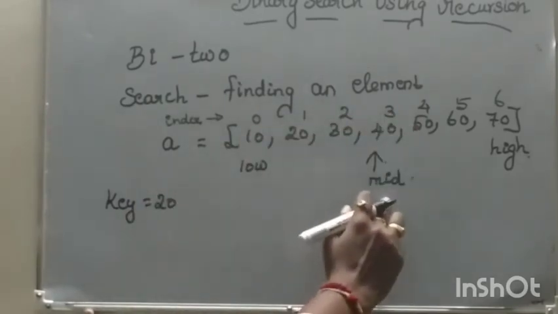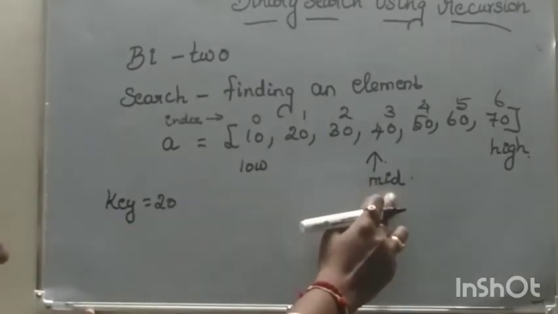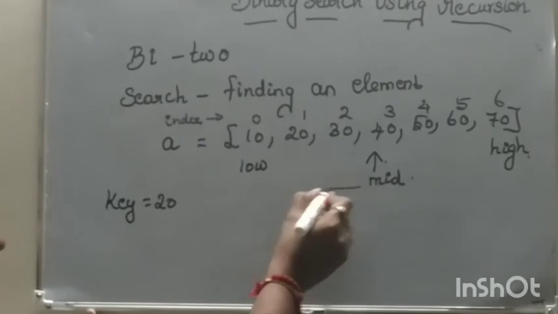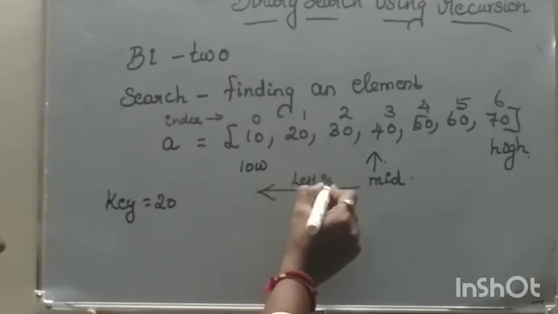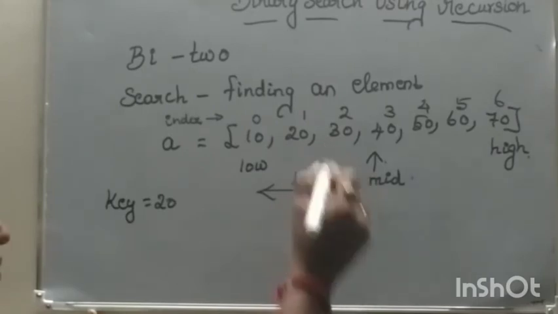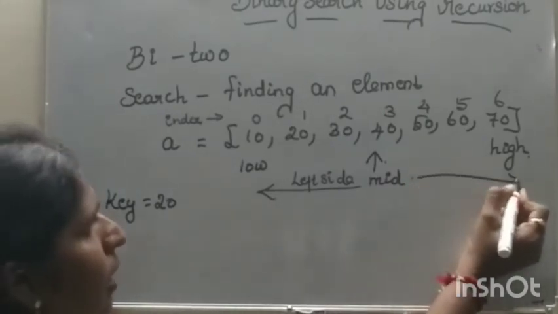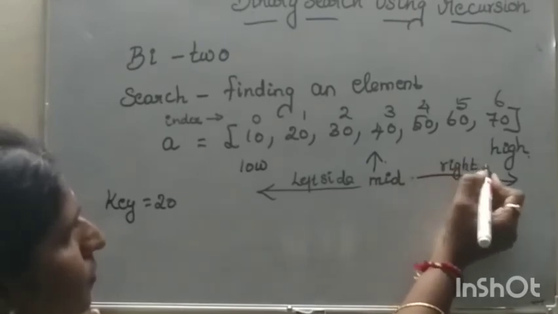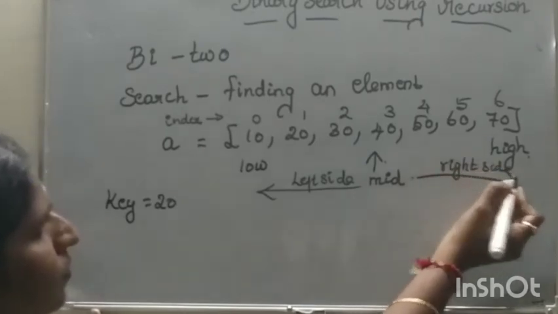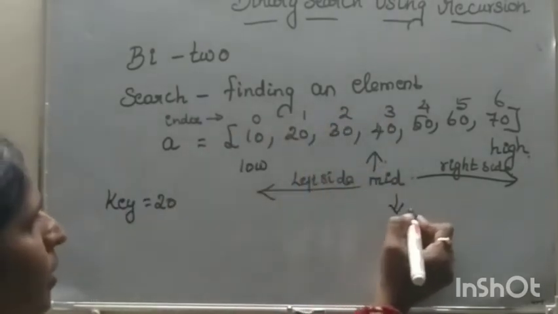If your key value is lesser than mid, then you have to search in the left side. If your key value is more than mid, then you have to search the element in the right side. If your key value is the mid value, then return mid.